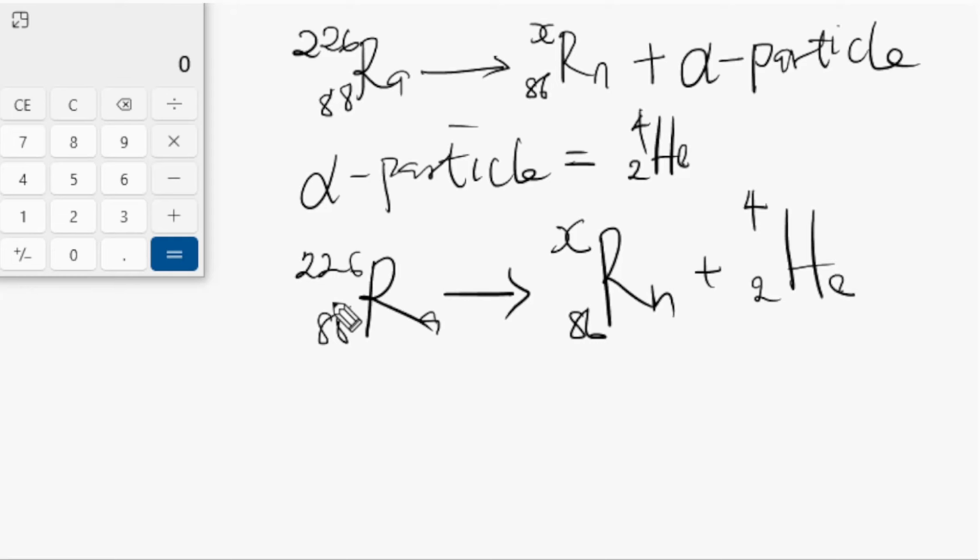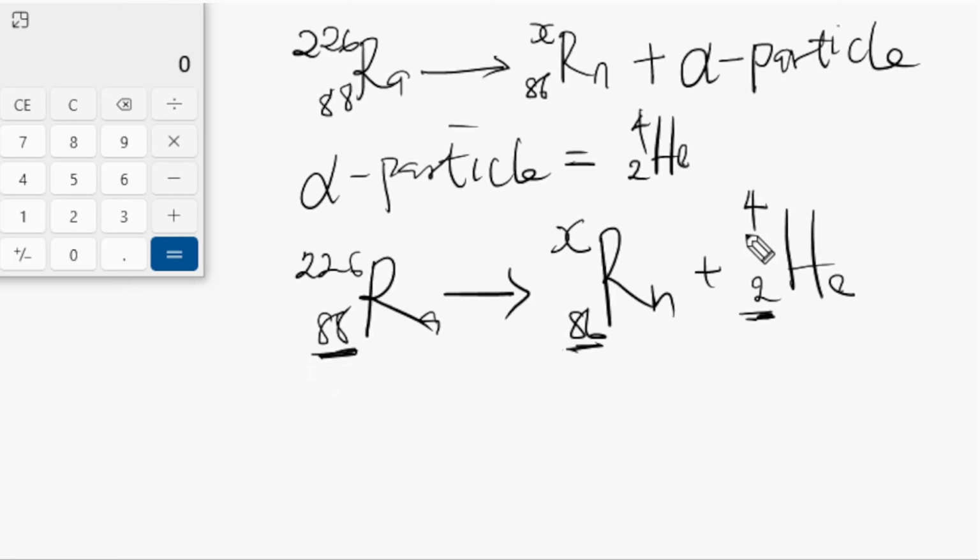So guys, if you check the subscripts here, 88 is going to be 86 plus 2. So this 2 plus 86 will give you 88.